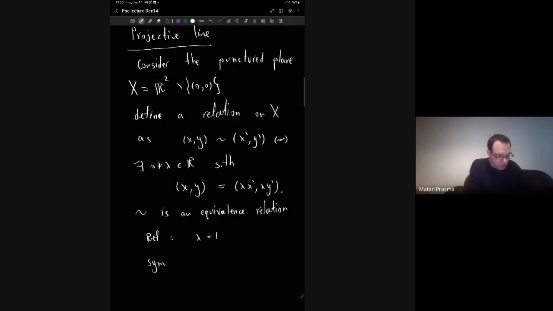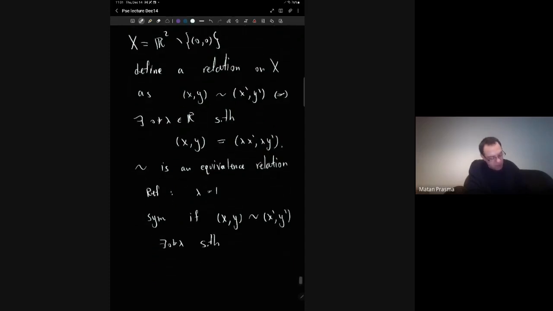Symmetry: I need to show that if x comma y is equivalent to x prime comma y prime, there exists some non-zero lambda such that xy is equal to lambda x prime lambda y prime.